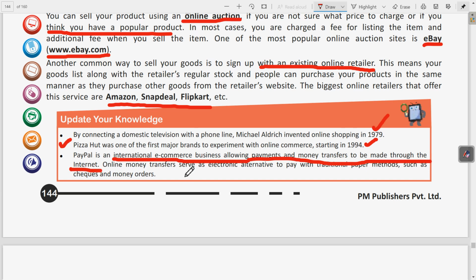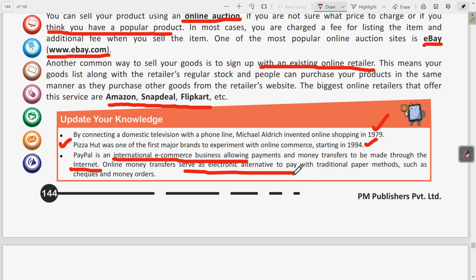Online money transfers serve as an electronic alternative to traditional paper methods of payment. Earlier, the methods which we were using were traditional, and in that we had to provide the money in the form of cash. But now with these various digital payment options, we can get rid of the traditional paperwork.